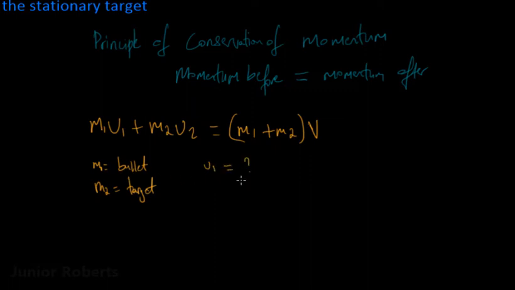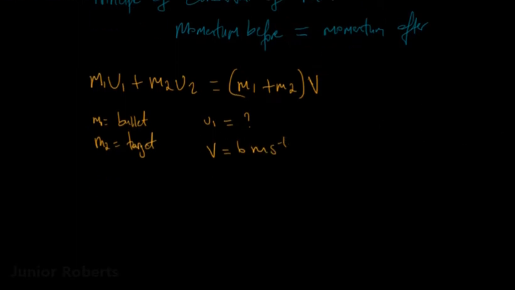That's what we're trying to find. And u2, well, first of all, we wouldn't have any u2, we would have a combined V, because it says that both objects move off with the same velocity. So V in this case is 6 meters per second. We're going to use this information to help us solve this question.